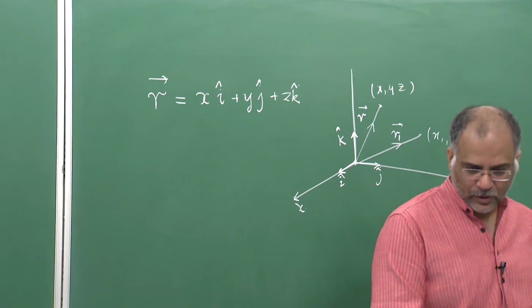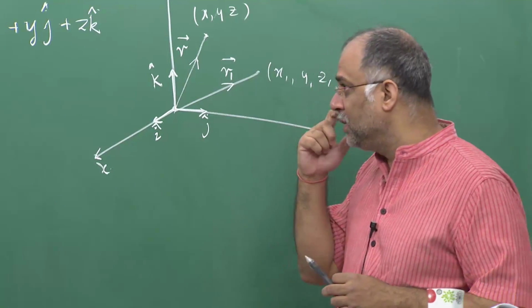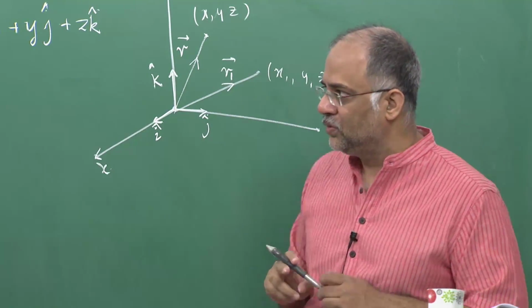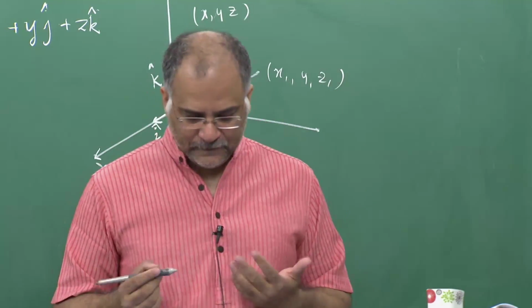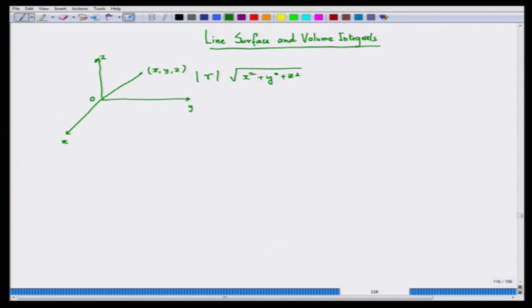But let us talk in the way physicists would actually talk about it. Here we call mod r the distance vector. Among the vectors, there are certain important operators.